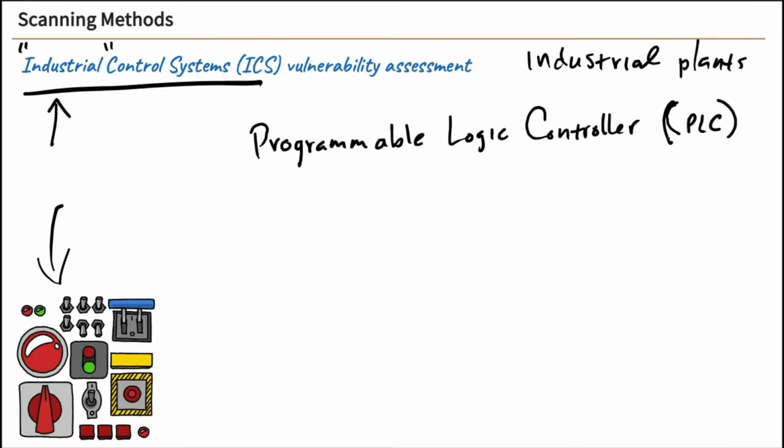PLCs are used a ton in manufacturing and industrial plants. They're just little computers that run machinery. Think of conveyor belts. They run conveyor belts, and industrial furnaces, and all kinds of equipment. But they're just little computers that are programmed to run this equipment. And they do plug into a network so that they can communicate with each other.